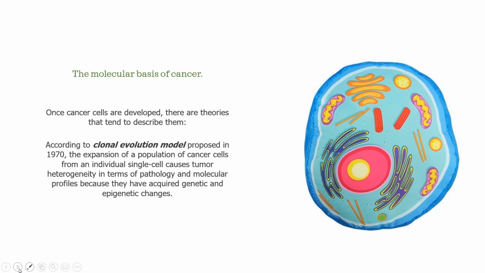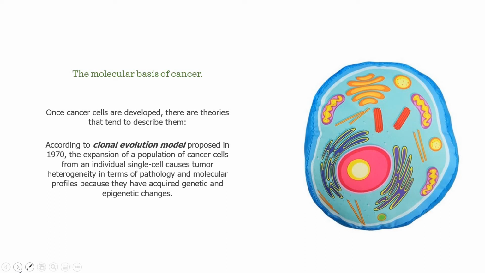Ang nangyari niyan is ganito, yung mga nagiging daughter cells nila, what happened to them is that they are having heterogeneity or different characteristics. Okay? Nag-iiba-iba na. Halimbawa, dati, say, a particular cell found in a particular part of the body is only going to produce cells that are intended for that particular part of the body.